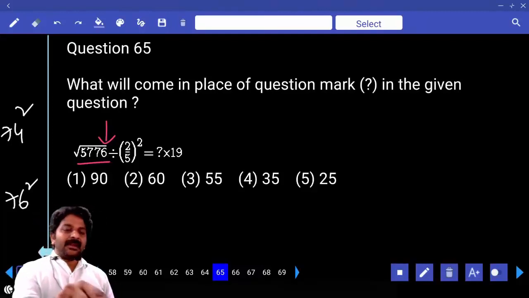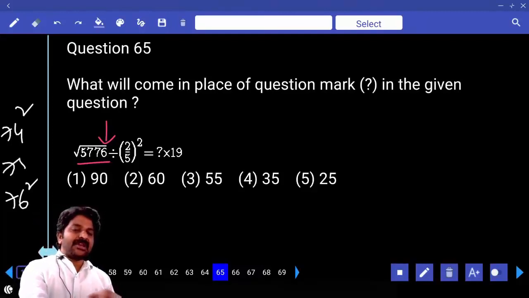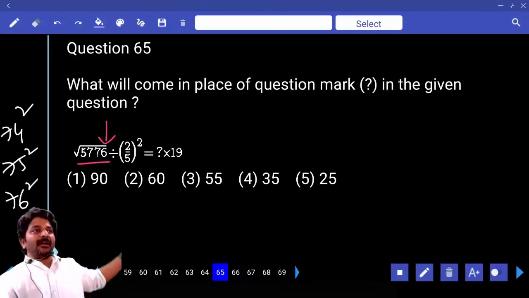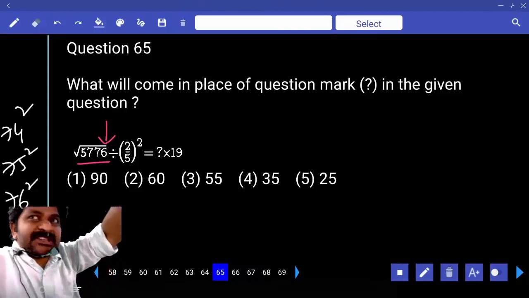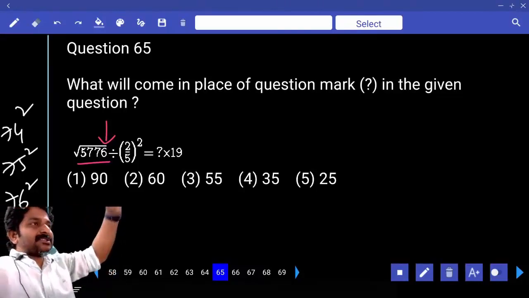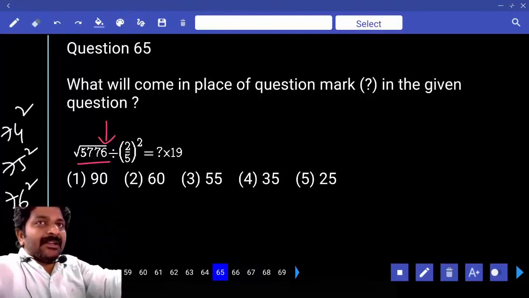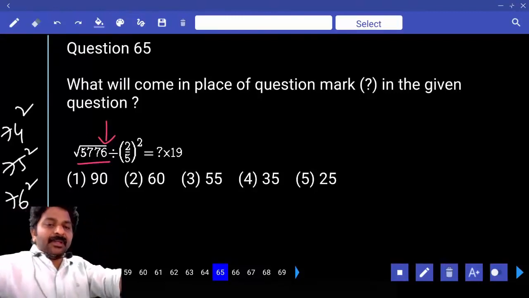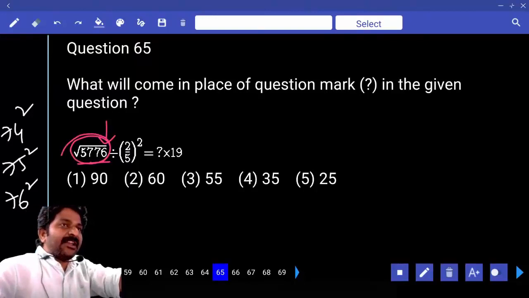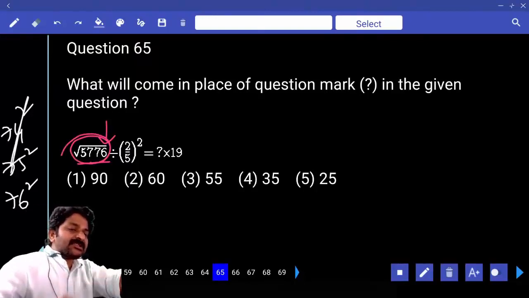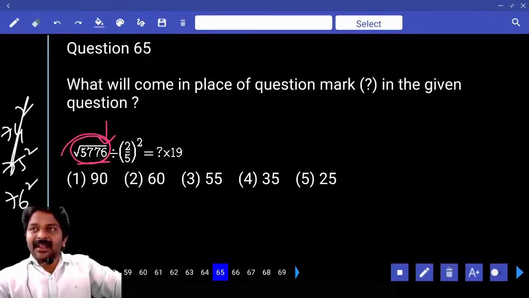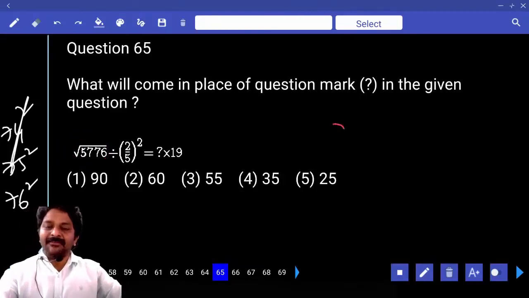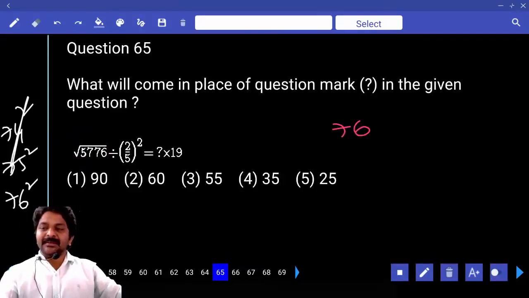Correct? Now, between these two, you have 75 square? 75 square, last two digits 25 only. First two digits 7 into 8, 5625. Our number is more than 5625. Hence, it has to be 76 square. Under root and square get cancelled. You'll have 76 by.